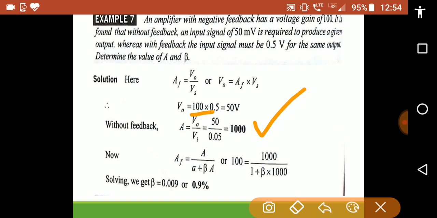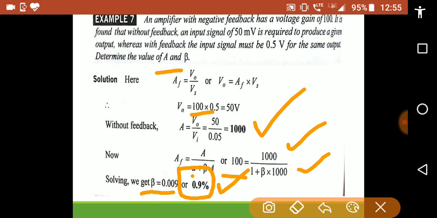So 100 equal to 1000 divided by 1 plus beta into 1000. Solving, we have beta equal to 0.009, or in percentage beta equal to 0.9%. So this is the answer. In the problem we had to find open loop gain A and beta. So this problem is solved.